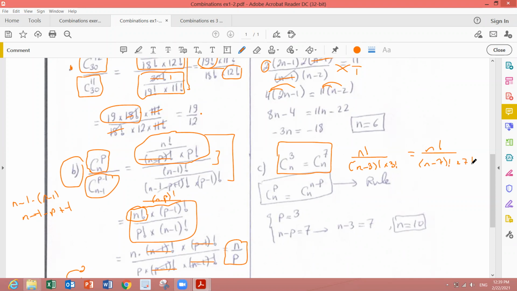I can solve it like that. We can remove n factorial with n factorial. But this will be difficult to solve, because I get an equation of degree 4.